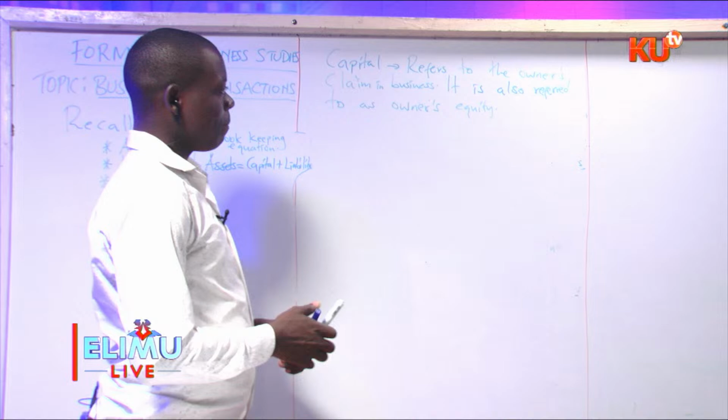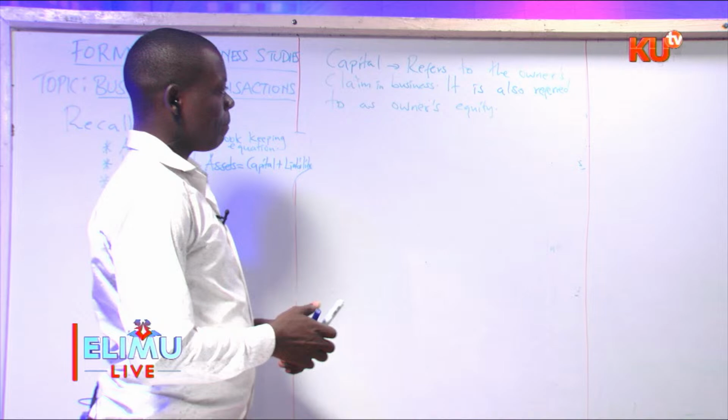What is not business in nature? There are those things that you are going to do using the business resources that are not business in nature. For example, if you take resources from the business for your personal use, that is drawings. Or you take resources from the business like cash to meet your personal needs like entertainment, that is a drawing.